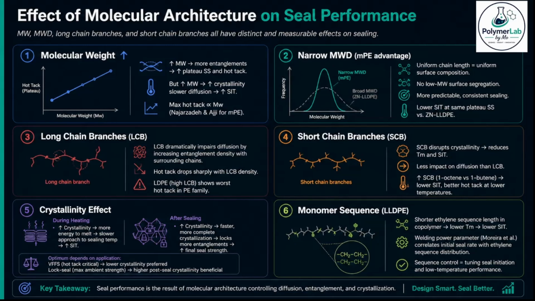The optimum depends on application. For VFFS, where hot tack is critical, lower crystallinity is preferred. For lock seal applications requiring maximum ambient temperature strength, higher post-seal crystallinity is beneficial.